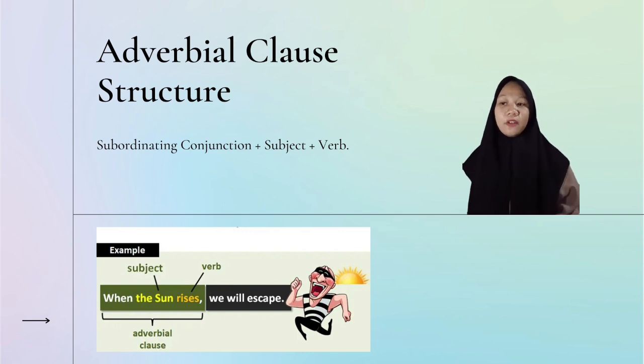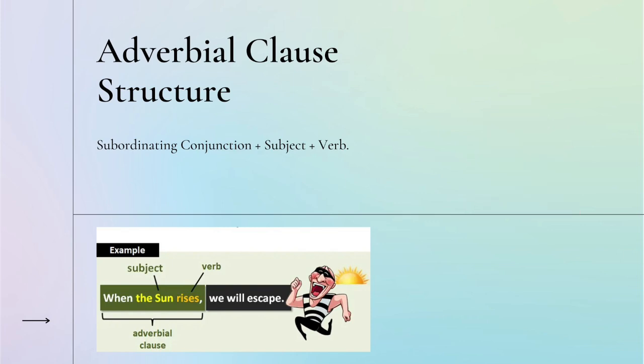Okay, for the adverbial clause structure, this is subordinating conjunction plus subject plus verb. The subordinating conjunction is a word or phrase that introduces the adverbial clause and shows the relationship between the adverbial clause and the main clause. It explains how, when, where, why, or under what conditions something happens.